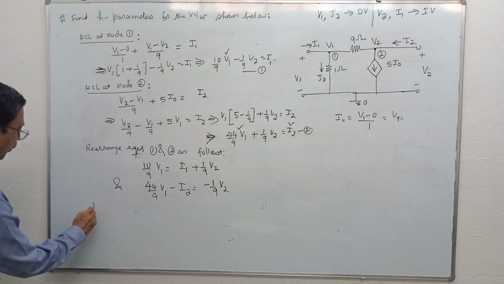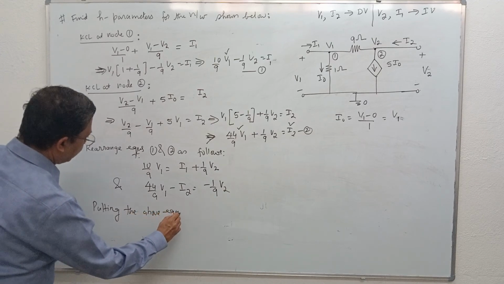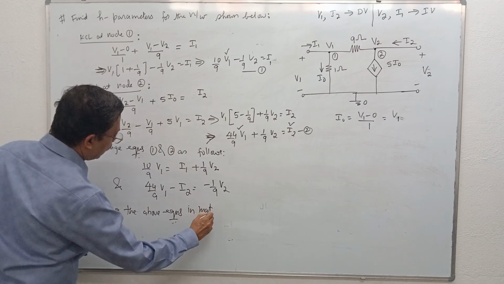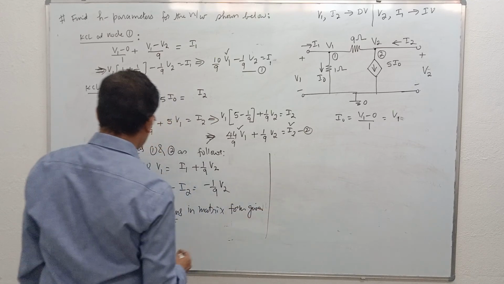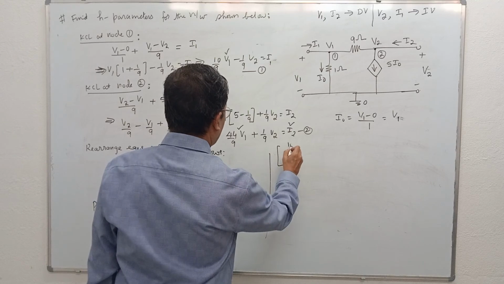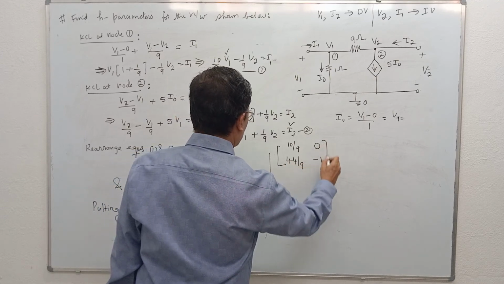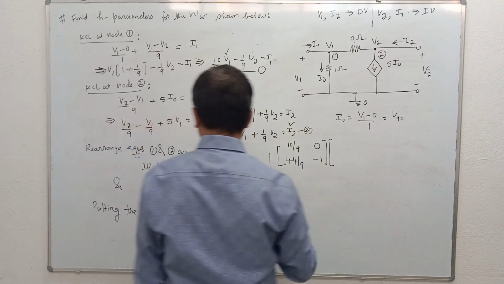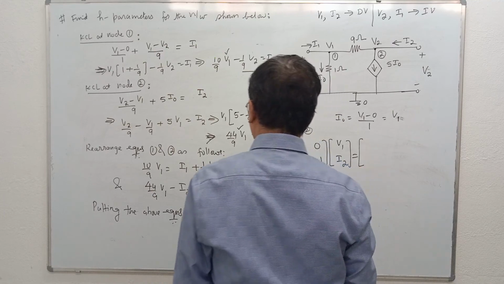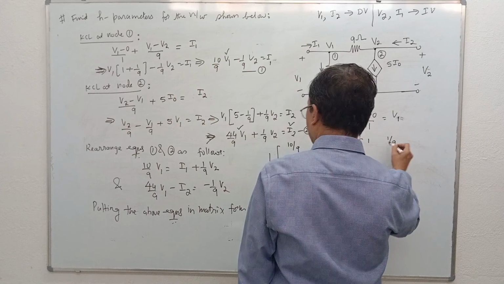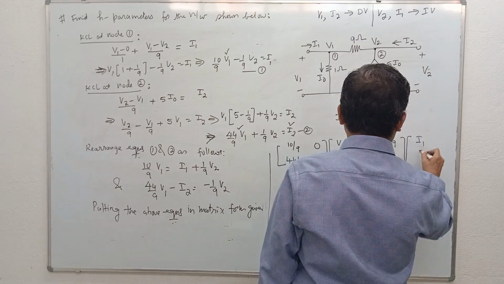Next is putting the above equations in matrix form. Putting the above equations in matrix form gives: square matrix 10 by 9, 0, 44 by 9, minus 1 multiplied by column matrix V1 I2 is equal to square matrix 1, 1 by 9, 0, minus 1 by 9 multiplied by column matrix I1 V2.